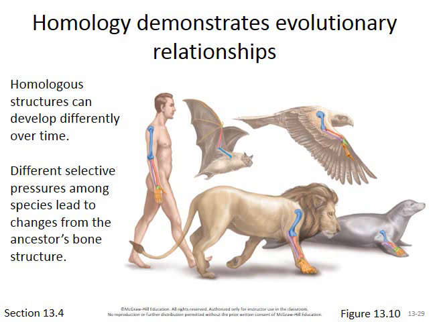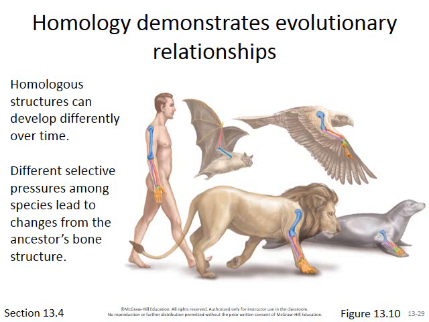Homology demonstrates evolutionary relationship. So homologous structures can develop differently over time. As we're seeing here, the homologous structures are the forelimbs. And yes, over time, they have formed in very different ways, but still with very similar bone structure.